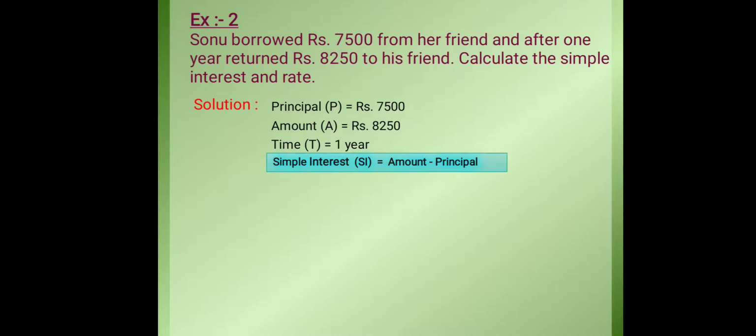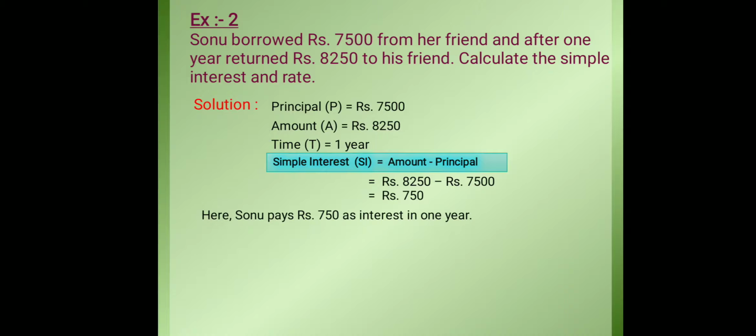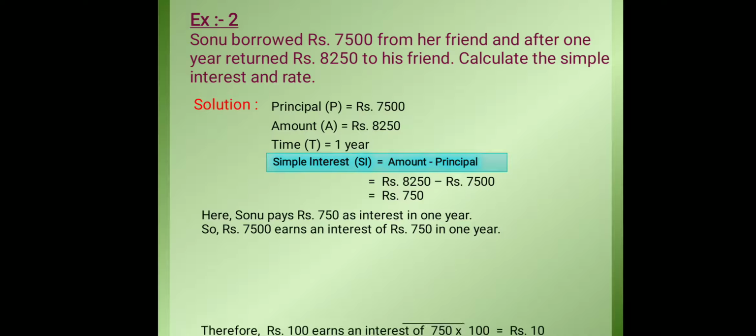So simple interest is equal to amount minus principal. Here amount is 8,250 minus principal is 7,500 rupees, that is equal to 750 rupees. Here Sonu pays rupees 750 as interest in 1 year. So rupees 7,500 earns an interest of 750 in 1 year.